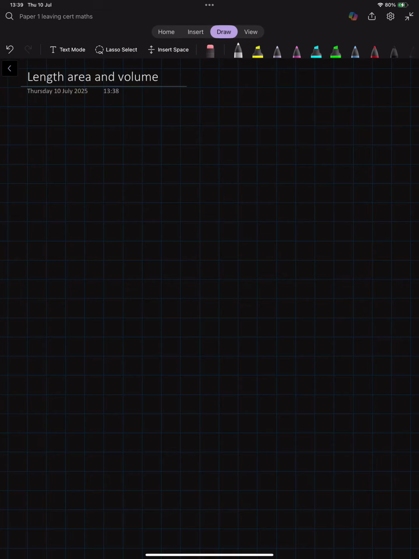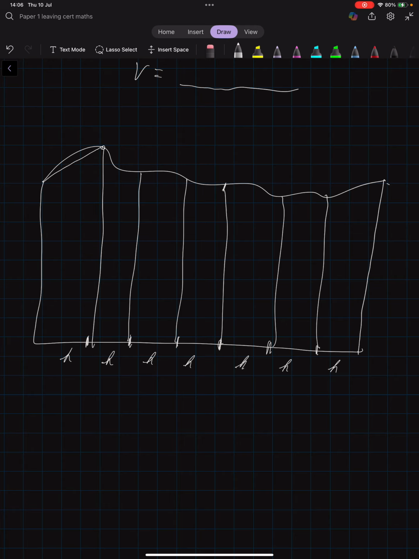Because I know how to get the area of a trapezoid. So a trapezoid is this shape here, from there to there to there to there. So that's all you're doing. It's just this and this and this and this and this and this. So you just make a load of trapezoids out of it.